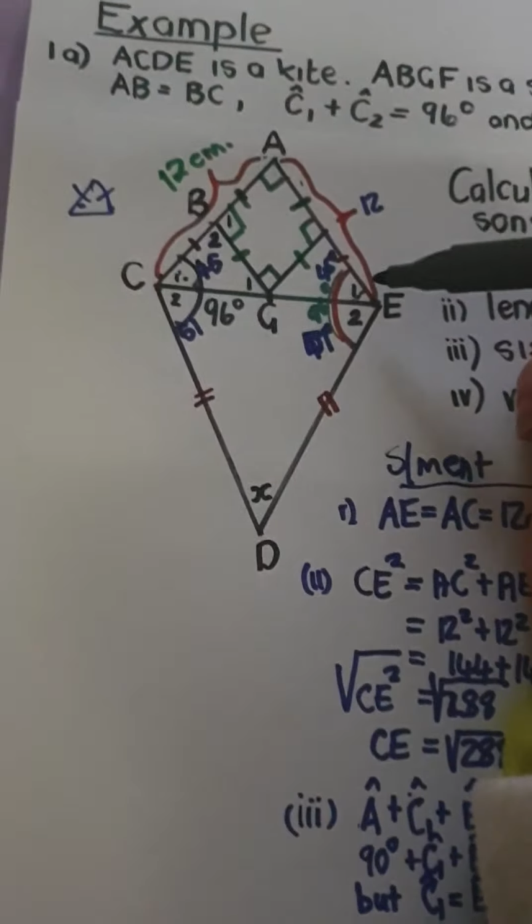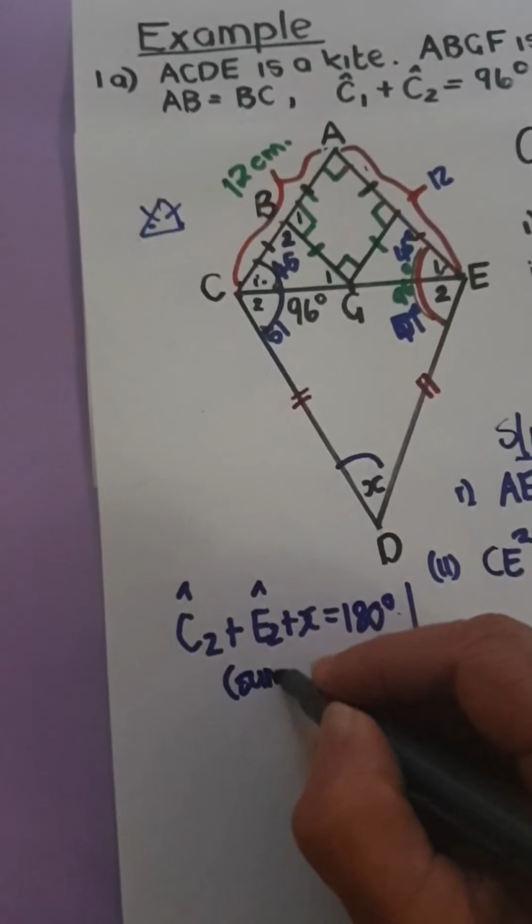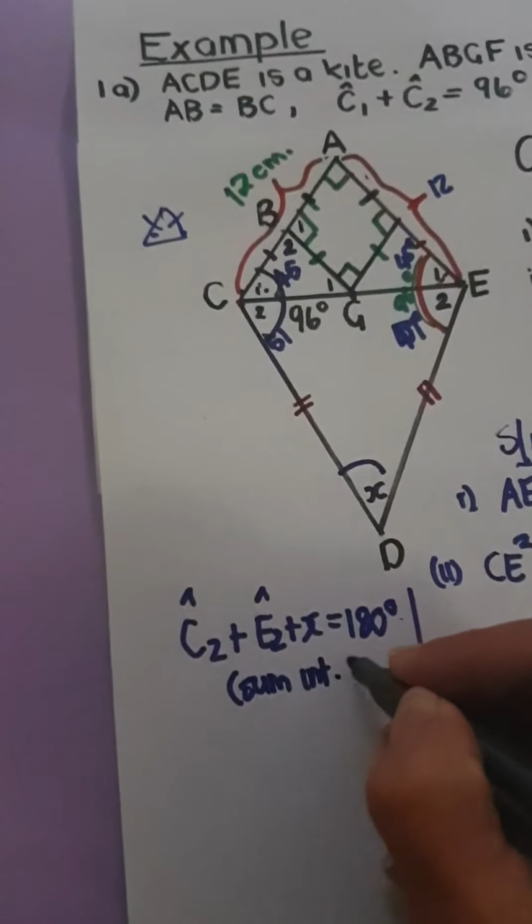And I'm going to say my statement is angle C2 plus angle E2 plus x, because that is what I need to get. I need to get angle x here. Must add up to 180 degrees. And my reason will be the sum of the interior angles of a triangle, right?